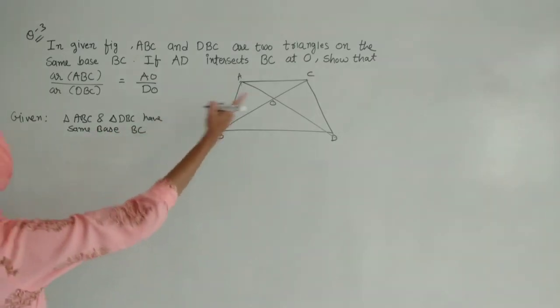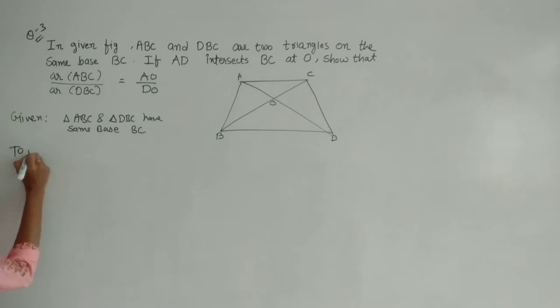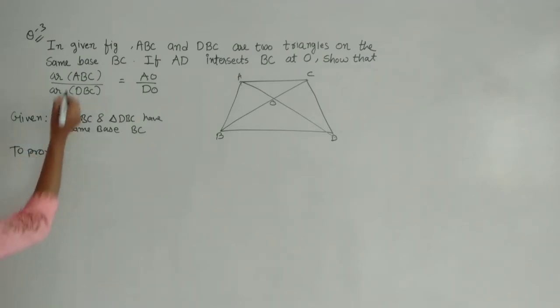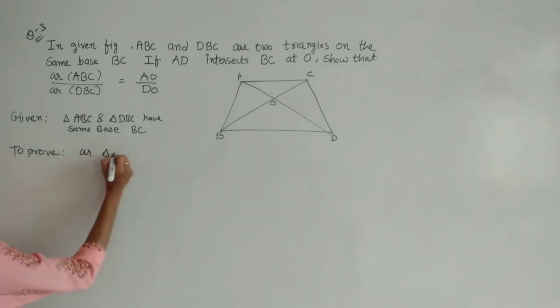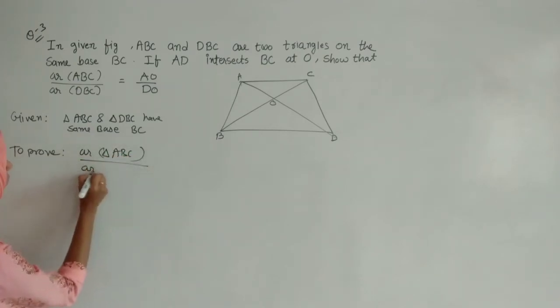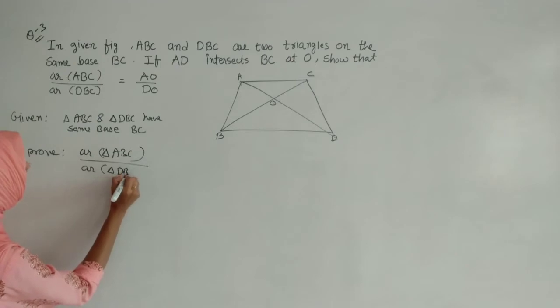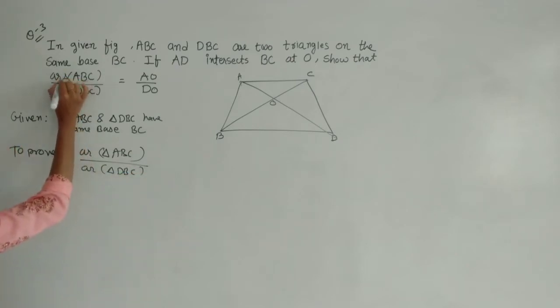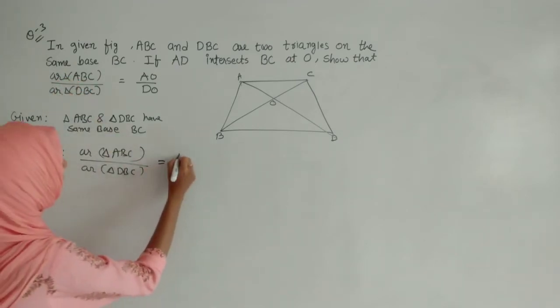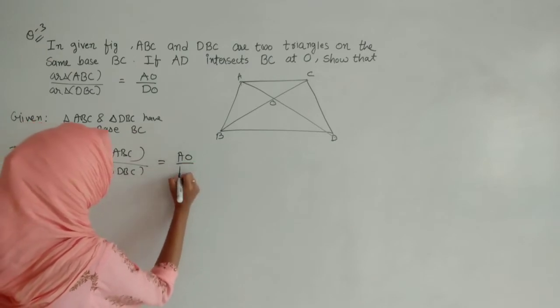And what we have to show, so we will write to prove. What we have to prove? Area of triangle ABC by area of triangle DBC will be equal to AO by DO.